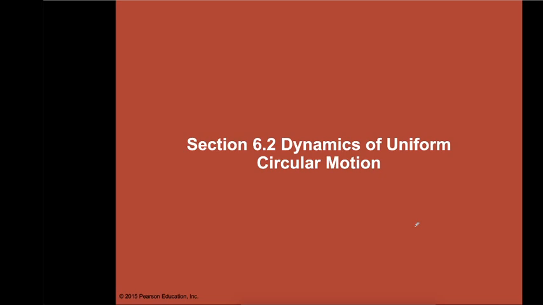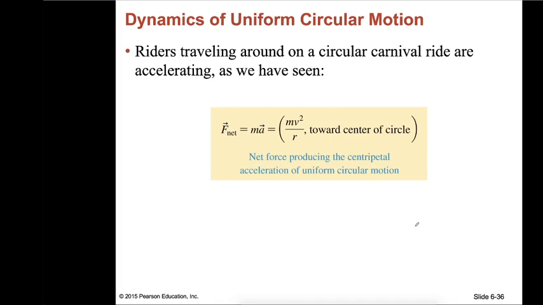Okay, next section, the dynamics of uniform circular motion. Riders traveling around a circular carnival ride are accelerating. As we have seen, the net force F net equals ma, where a is the acceleration, m is the mass, or mv squared over r.